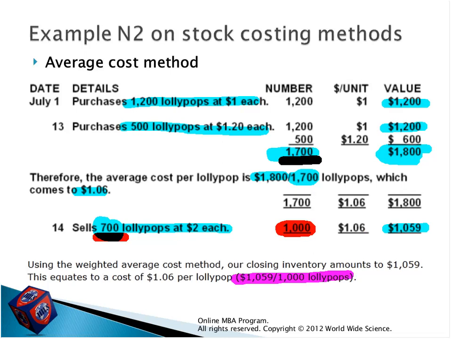The average costing method is mostly simple calculation. You just have to find the average price of the lollipops, and that's all, and you find your inventory value at the end of the month. Okay, that's very good that you understand.